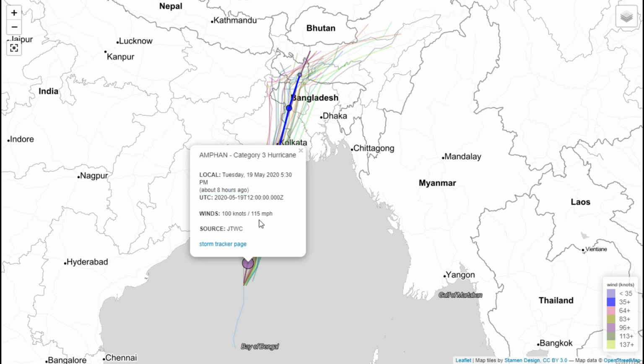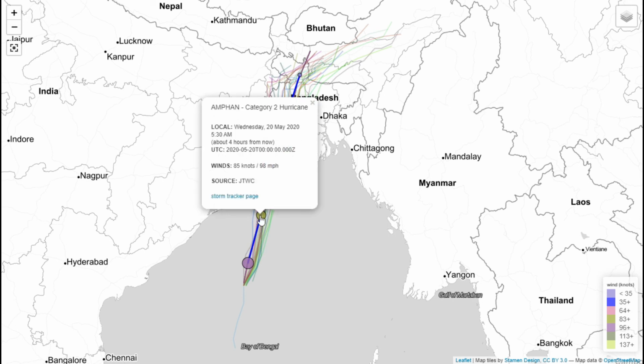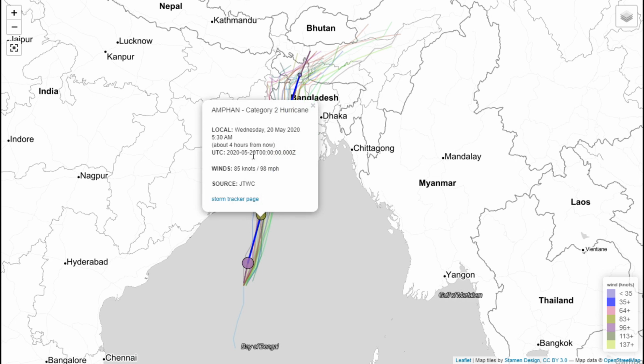Now, if we move towards the next point, that is point number 2, and click on it, it shows AMPHAN is a category 2 hurricane, and it also shows that it will reach this particular point at 5:30 a.m., 20th May 2020, Wednesday. That is about 4 hours from now.